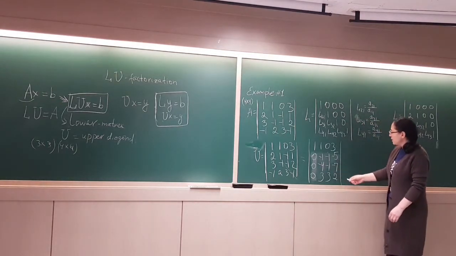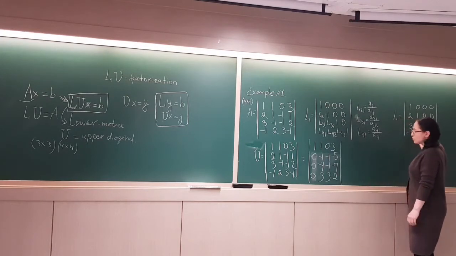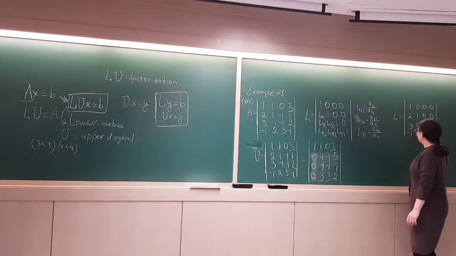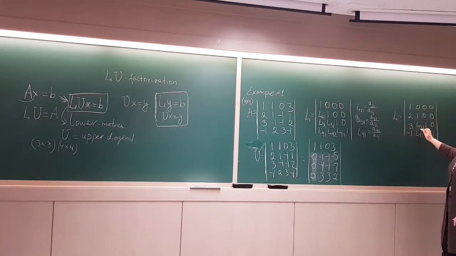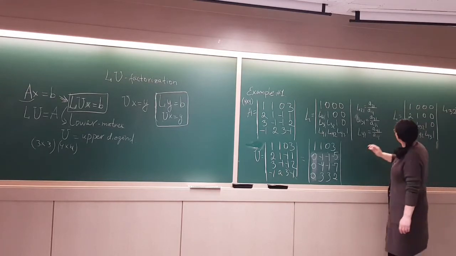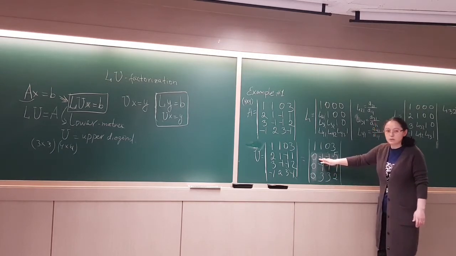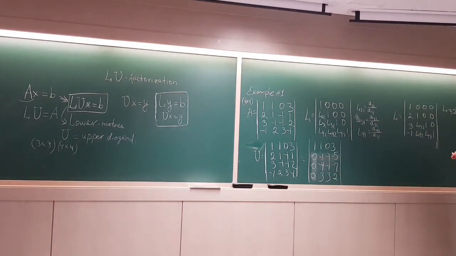And now from here we need to find this one, right? L32 is equal to A32 divided by A22. Here A32 is minus 4, and we divide by A22, which is minus 1, and it will be 4, right?